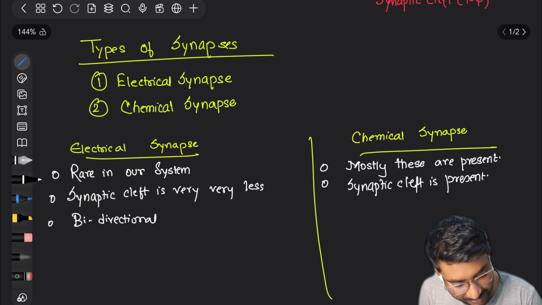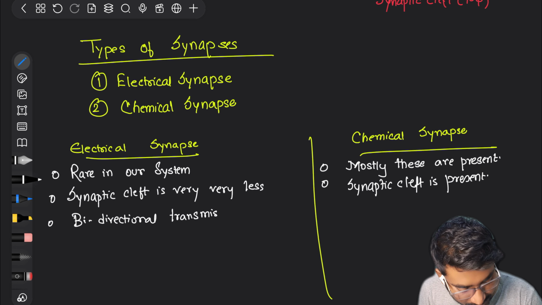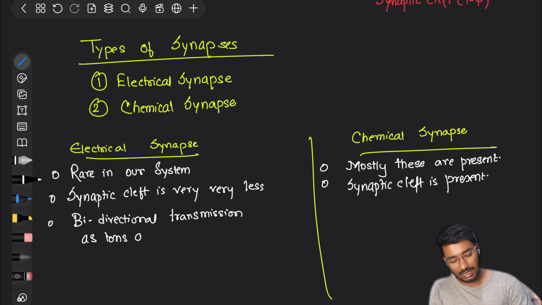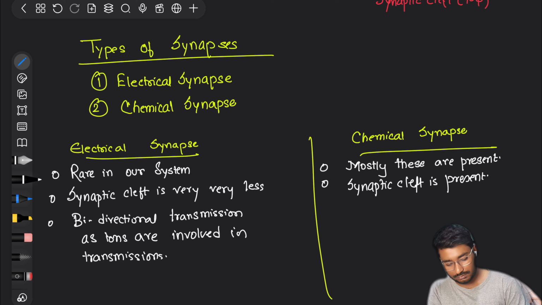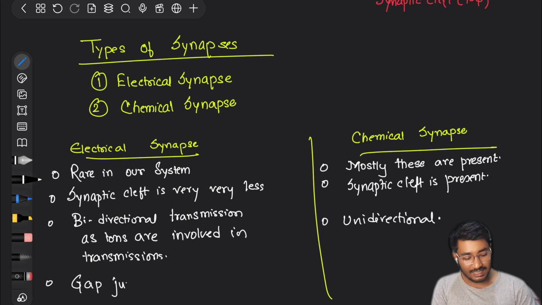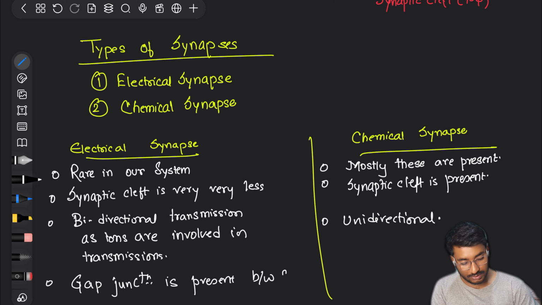In electrical synapse, a gap junction is present between the two neurons; in chemical synapse, there is no gap junction.